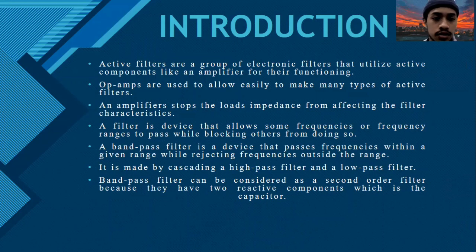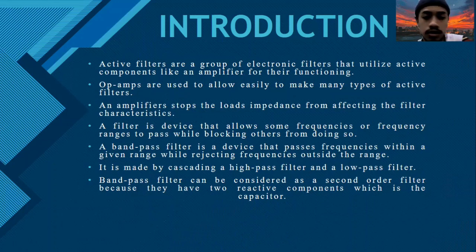As for the introduction, what are active filters? Active filters are a group of electronic filters that utilize active components like an amplifier for their functioning. Op-amps make it easy to build many types of active filters. An amplifier stops the load's impedance from affecting the filter characteristic.